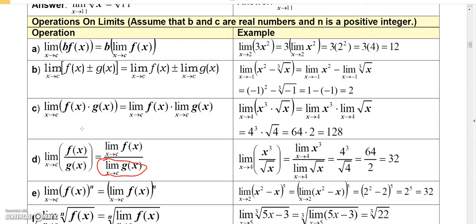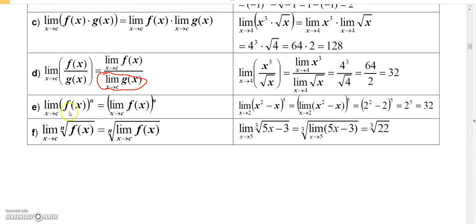But these two, this is for finding the limit of a function raised to the nth power, and this is for finding the limit of the nth root of some function. So we'll take them one at a time. The limit of a function raised to the nth power would be the limit of the function and then raised to the nth power. The n's kind of hidden there, but there's an n there for the nth power.